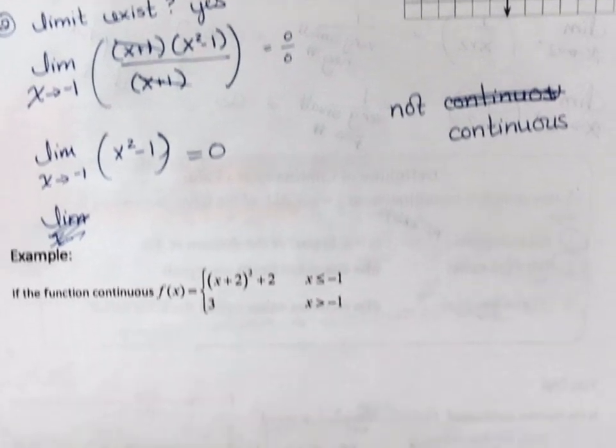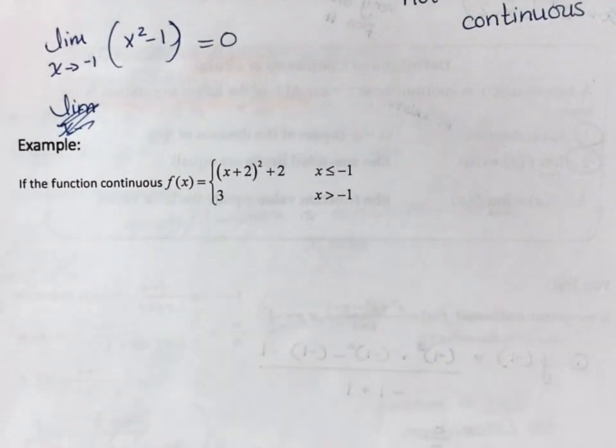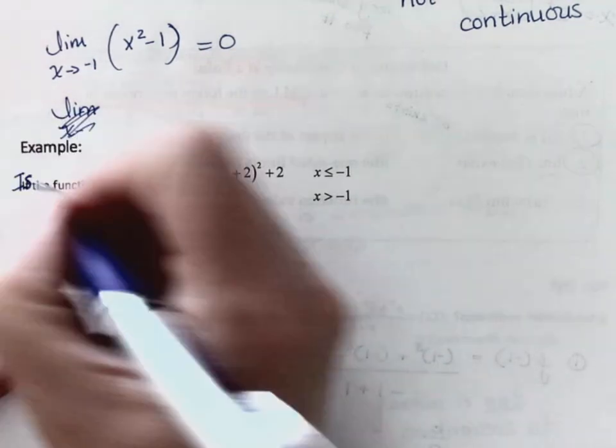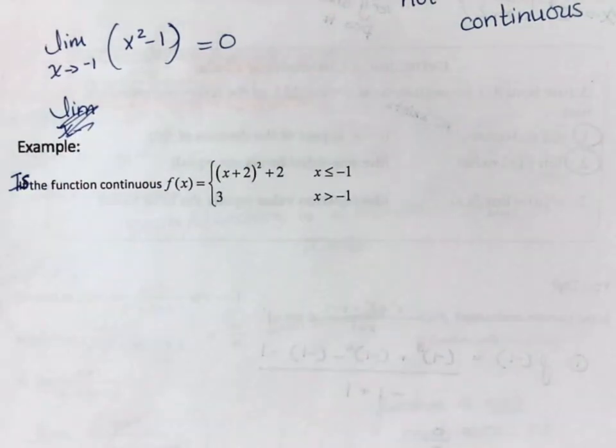Okay. This example, we don't have a picture. And again, it should say is the function continuous? So what am I looking for?